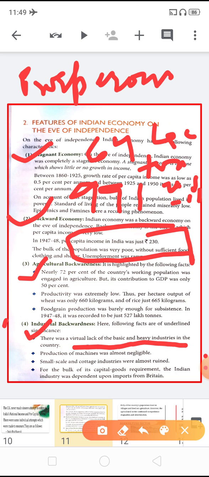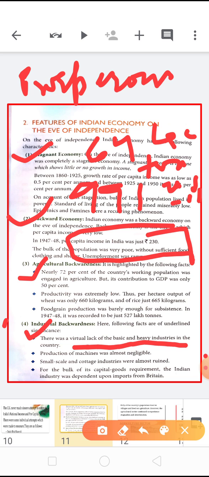I mean, they had been stopped. And for the bulk of its capital goods requirement, the Indian industry was dependent on imports from Britain.